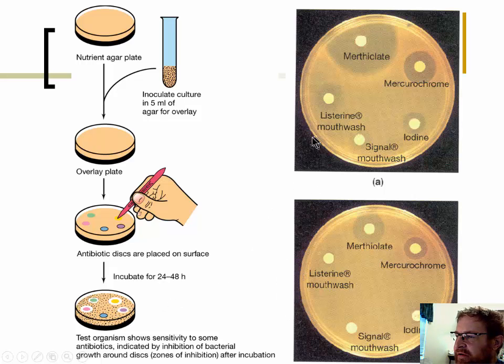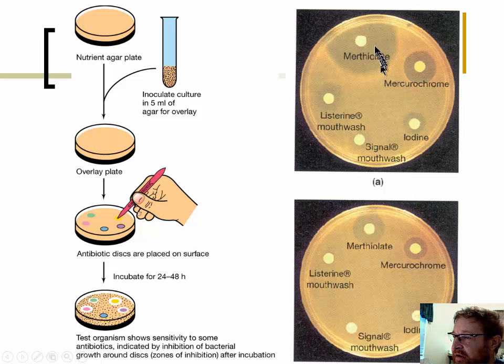And so if you look at these two panels on the right, you can see that something like mercurochrome will have a very large zone of inhibition. So the distance from the compound to the edge of where there's any growth, that's a zone of inhibition, and it's quite large in some cases. For this bacteria, it's not quite as large.